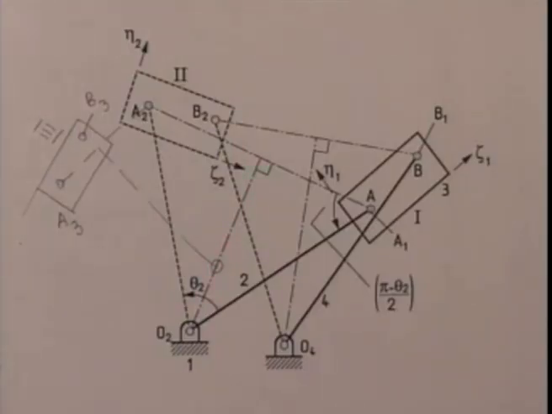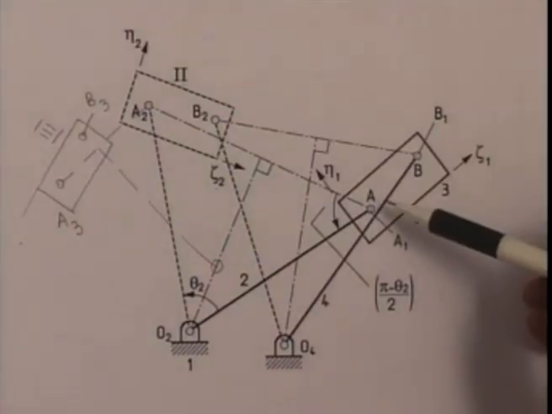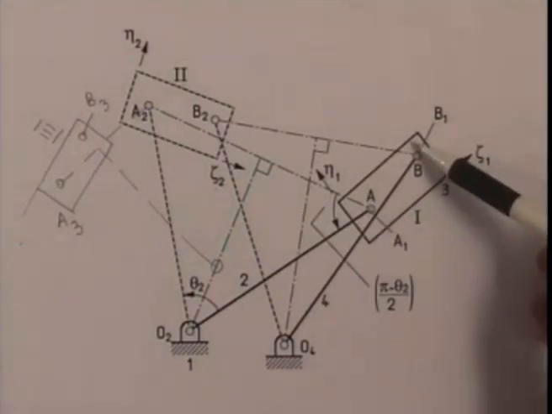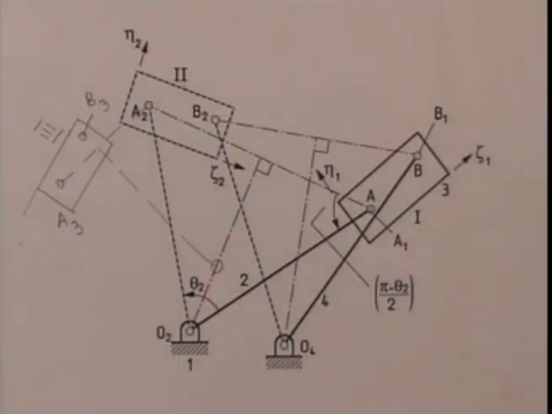But as I said earlier, more often than not, it is the locations of O2 and O4 which are chosen according to convenience, and we have to determine the desired location of the moving hinges A and B on the coupler. We shall solve this problem in the next step.